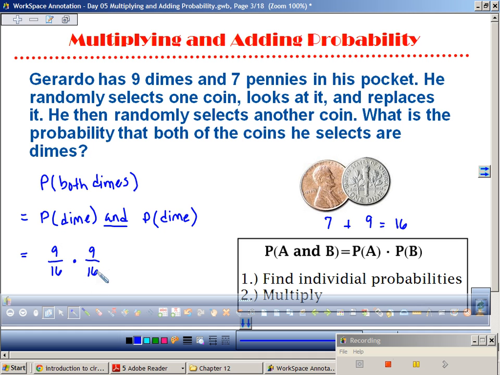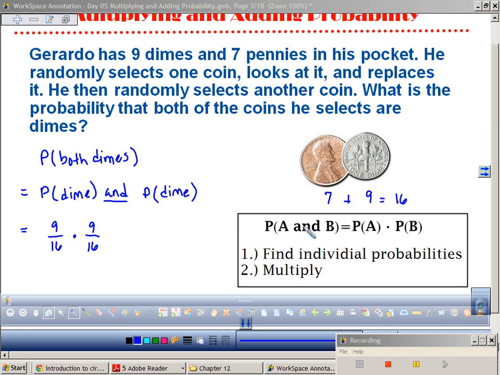If it was one or the other, then we'd be adding. So that's the only thing you really have to look for is the "and." All right, so I put here a probability of A and B. These are event A and event B. So the event A was picking a dime, and event B was picking another dime. So you separate them and then find them.